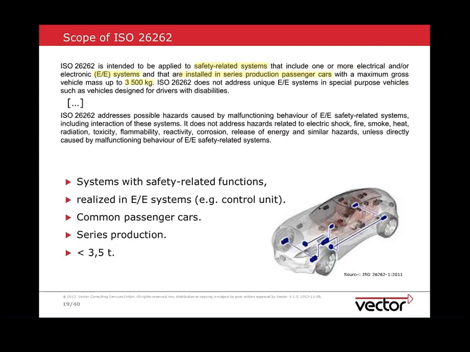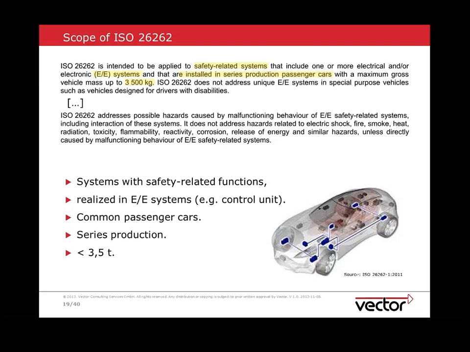The scope of the 26262 is safety-related systems, which relate to electronic systems in series passenger cars up to 3.5 tons. In other words, the specific scope of the standard is on automotive vehicles which are on the road in series production. However, we see in practice with many of our customers an increasing usage of the standard also in other vehicles. The reason is pretty simple.